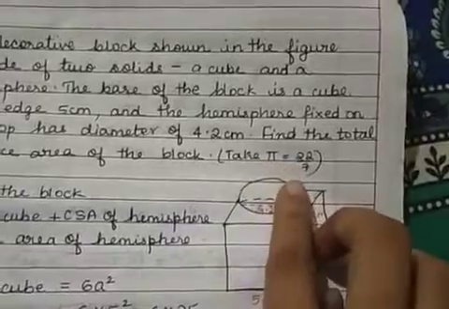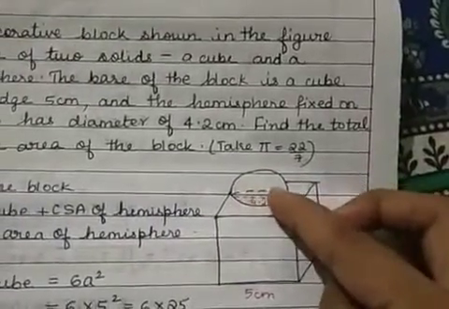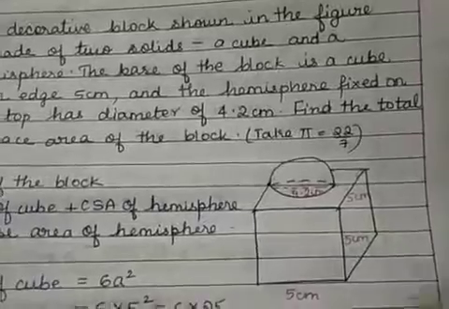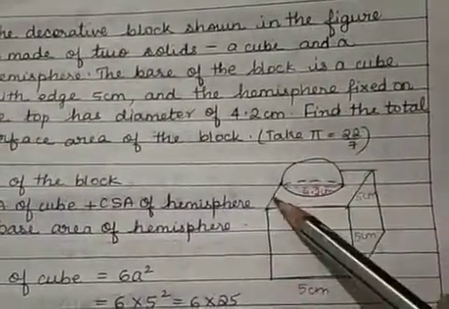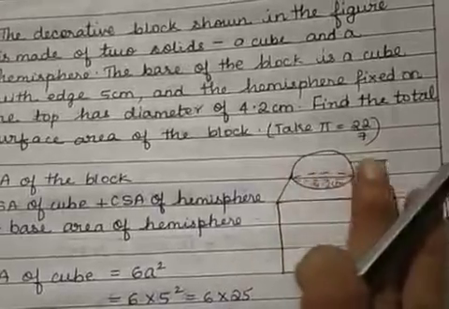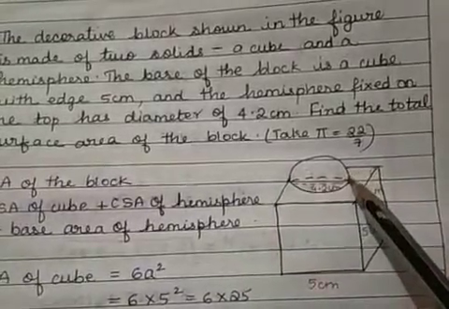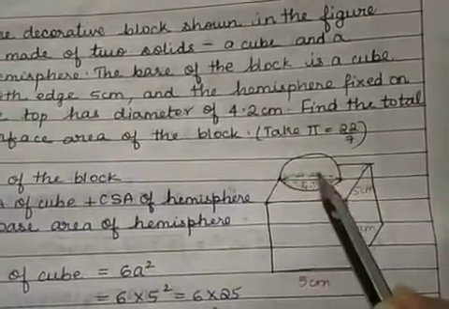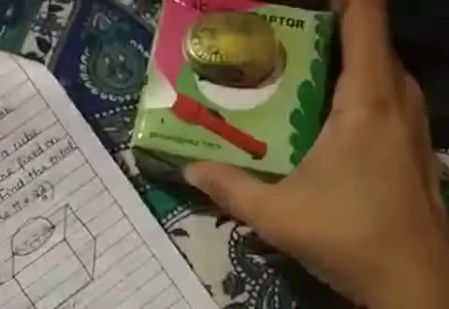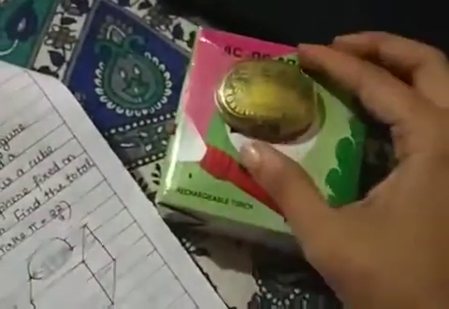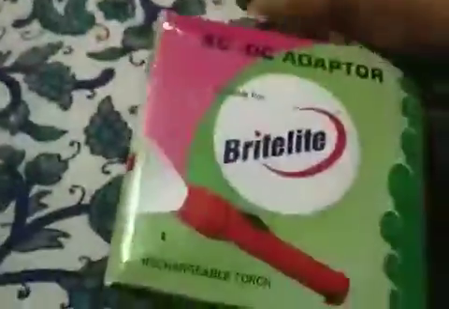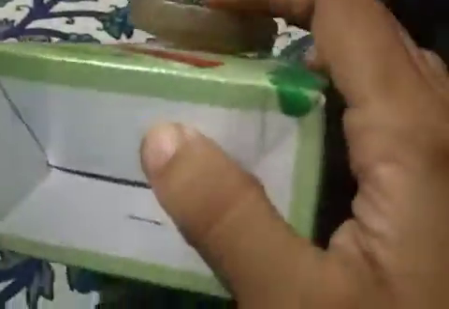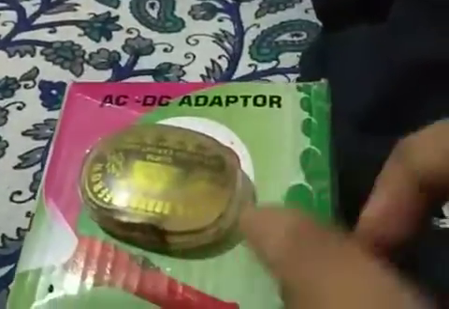We need only this outside part. So since this is included here, the total surface area of the block will be total surface area of the entire cube, plus curved surface area of the hemisphere, minus this, the base of the hemisphere, correct? So this is extra which we have to subtract. For example, if you have something of this shape here, when I find the curved surface area of this, we see that we cannot see this much part, correct?